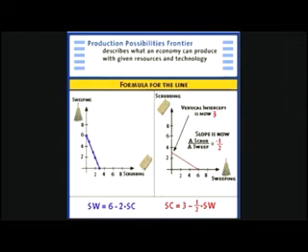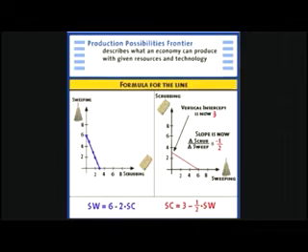Anytime Bernie sweeps an extra room, that takes 10 minutes. 10 minutes divided by 20 minutes, the amount of time that it takes to scrub a room, gives us 1/2. Anytime Bernie sweeps a room, he's giving up 1/2 of a scrubbed room, because it takes half as long to sweep a room as it does to scrub the room. So there you have it, Bernie's production possibilities frontier. Scrubbing is equal to 3 rooms max minus 1/2, the opportunity cost, times each room that he sweeps.